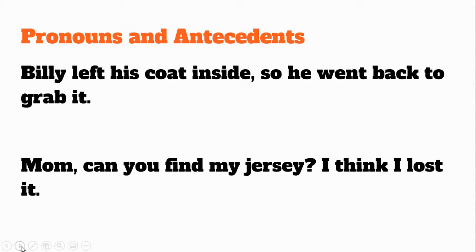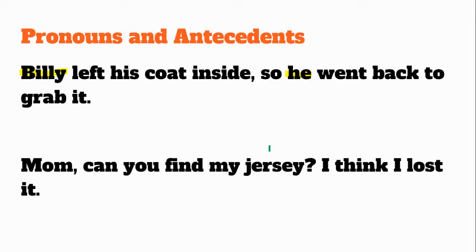So let's take a look at some of these sentences together and see if we can understand this concept a little more clearly. We have a sentence that says, "Billy left his coat inside, so he went back to grab it." Here we have Billy, a name, a subject. Later in the sentence, we have "his coat inside, so he," and he is a pronoun referring to Billy.